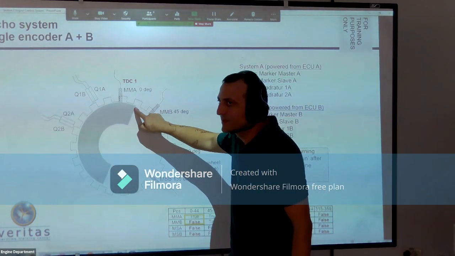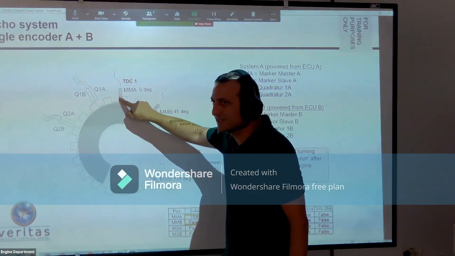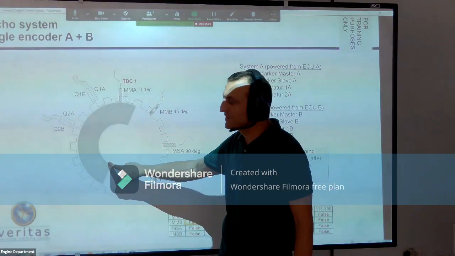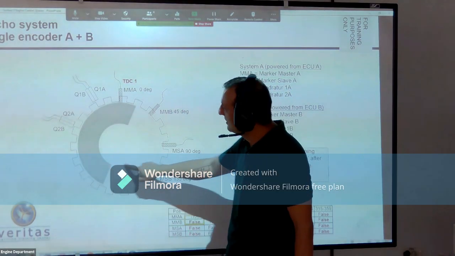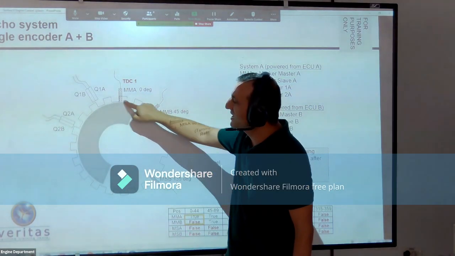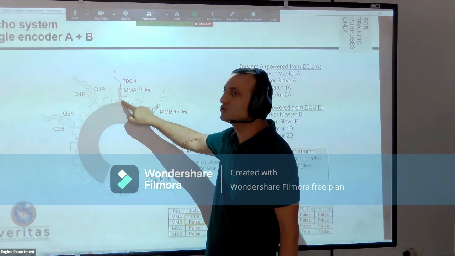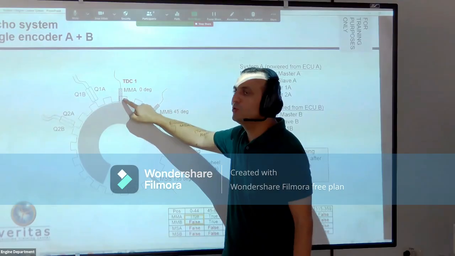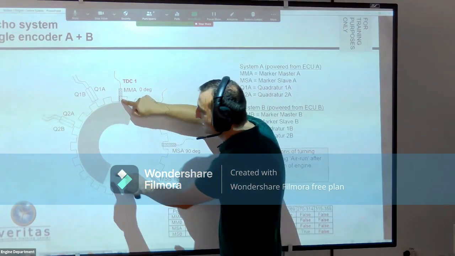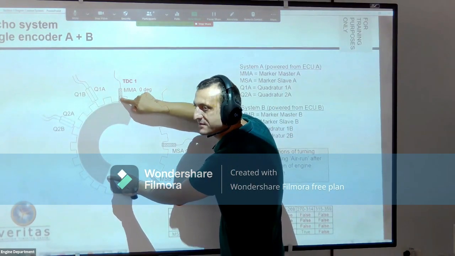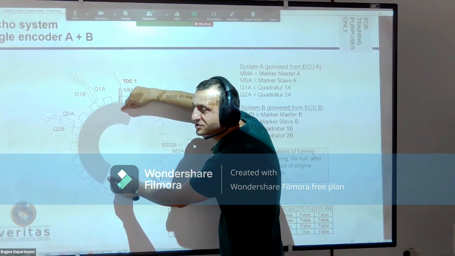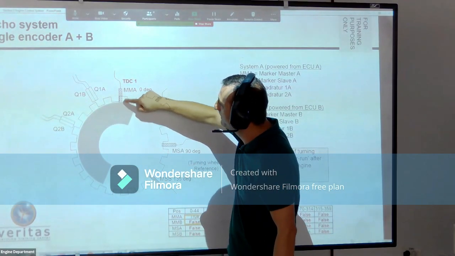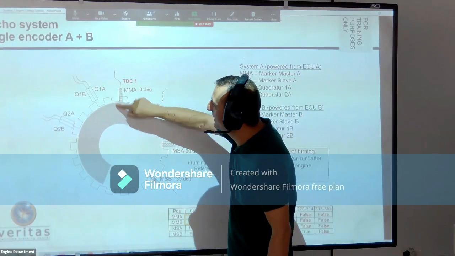This end must activate this marker master A. If I turn the engine astern, this end will activate the marker master A, and you would suppose that now you have 0 degrees. But when you turn the engine ahead, this end activates the marker master A, and when I turn the engine normally, this end will go in this area, so it inactivates this.